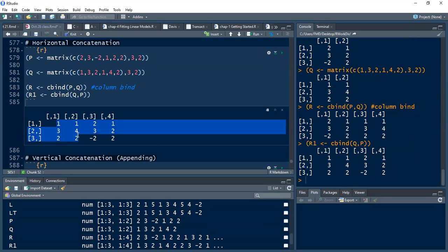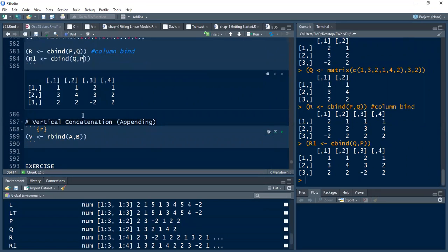So this is your Q. The first 2 rows are your Q, and then the second 2 rows are your P, because we have specifically stated that we're going to column bind our matrix, call it R1, and then put Q first, and then P.